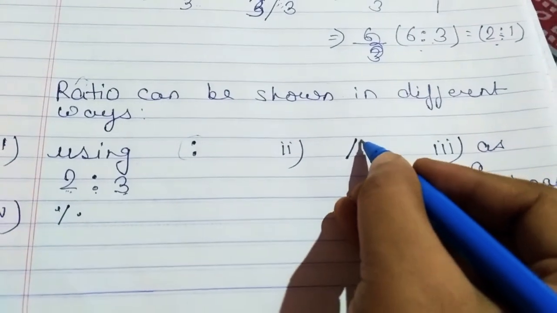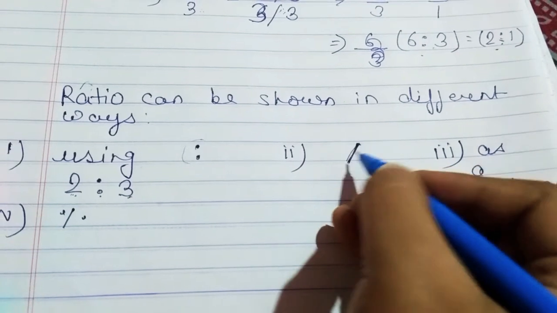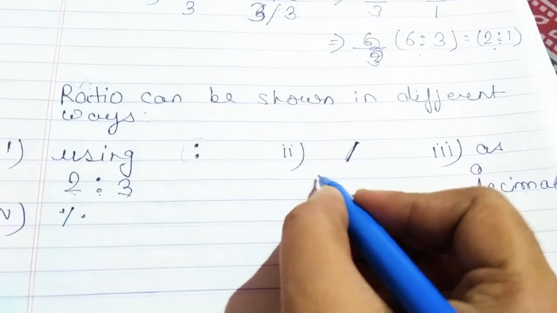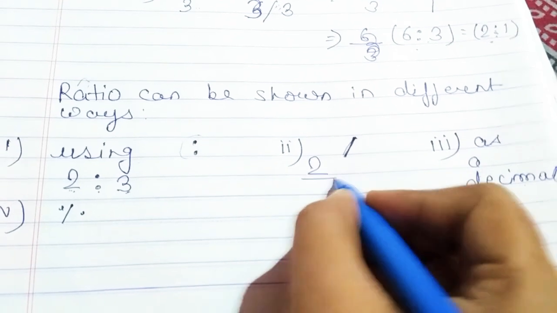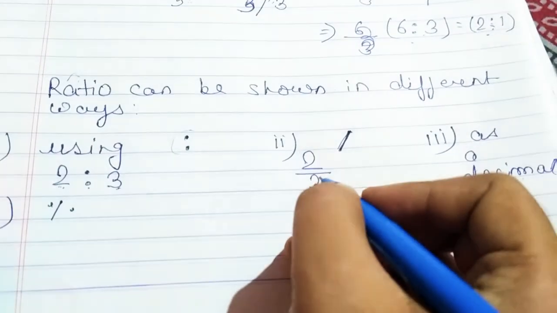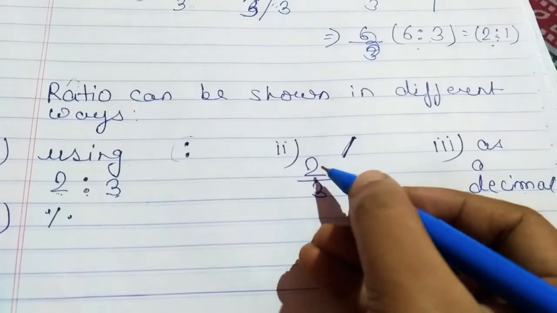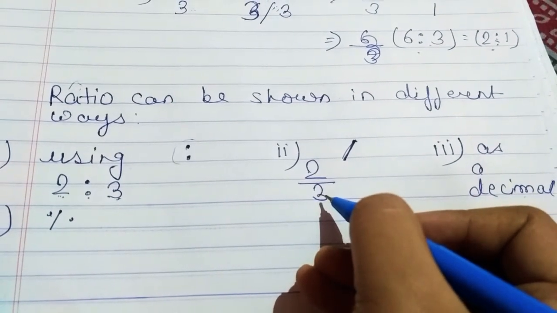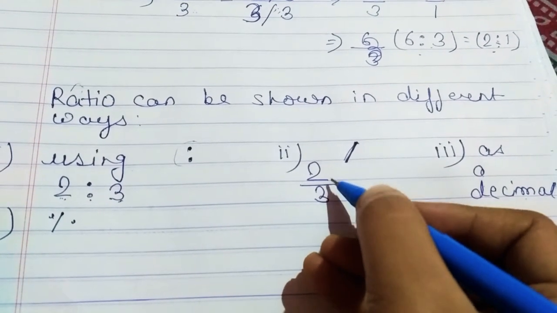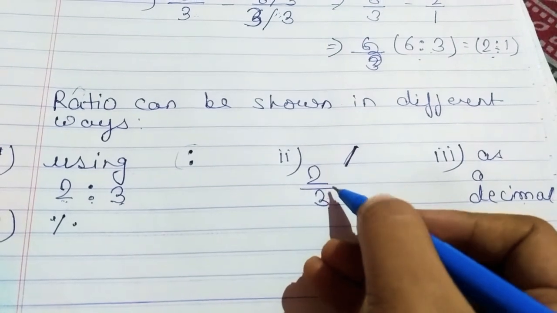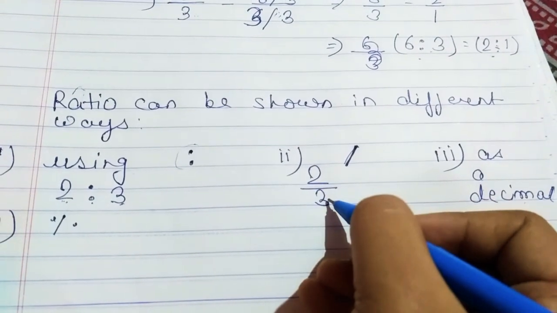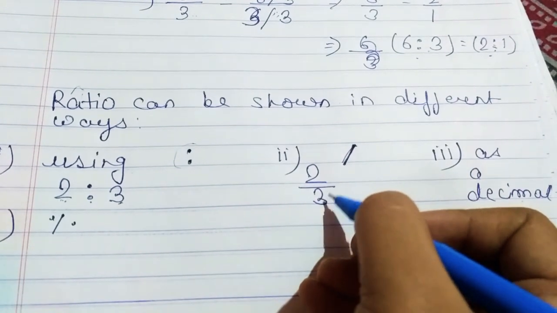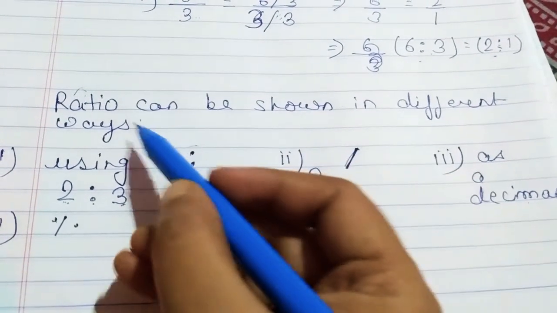Also, by a division mark, that means you can represent it as 2 upon 3 or 2 by 3. This is the fraction form. So 2 by 3 or 2 upon 3 is the next way to represent a ratio.